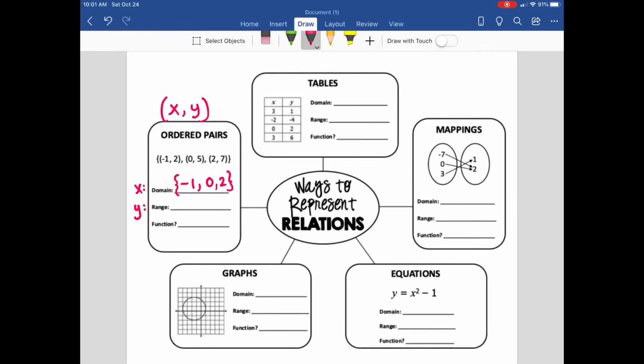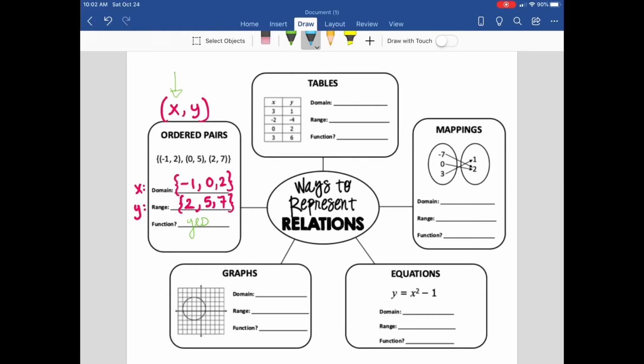Our range is the output. Those are the y values. So in this example, our range is 2, 5, and 7. Whether or not this is a function, we want to identify if every x value only goes to one y. And here, -1 only goes to 2, 0 only goes to 5, and 2 only goes to 7. So yes, that is a function.